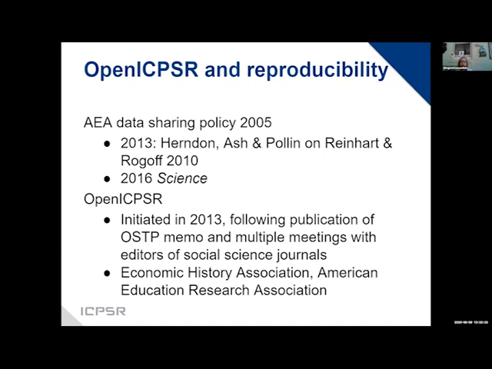One is that the American Economic Association adopted in 2005, so very early on, a data sharing policy, and in doing so, it was really a leader in its field in facilitating reproducibility, trying to address challenges that had been made to the research produced by the AEA, saying that it was impossible for people to reproduce the results published in its journals, and to see how sensitive they were to changes in specification or changes in the data.